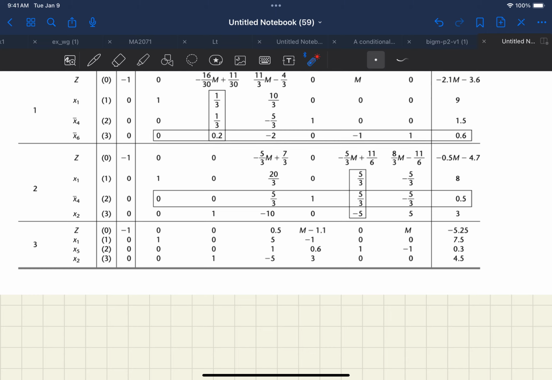First we need to know how to read the final tableau. First of all, this entry is going to be the optimal value for z hat.